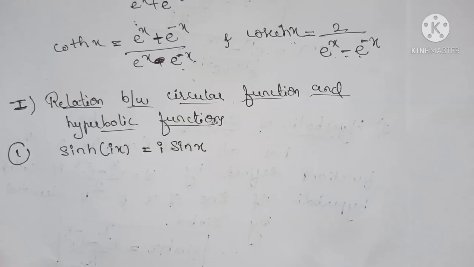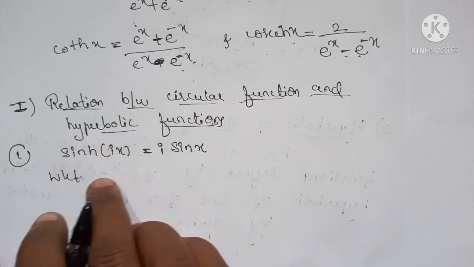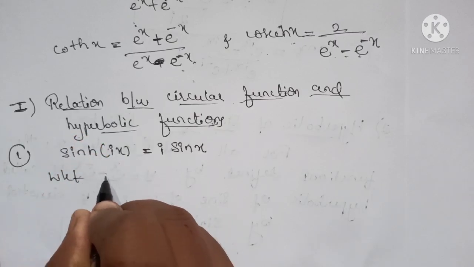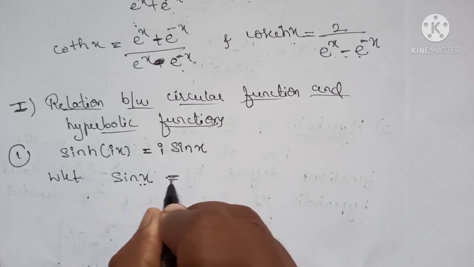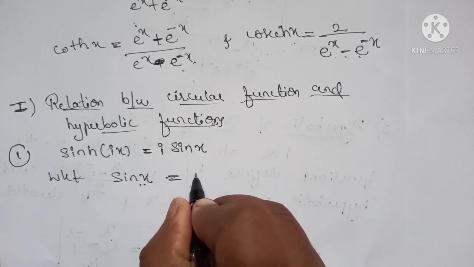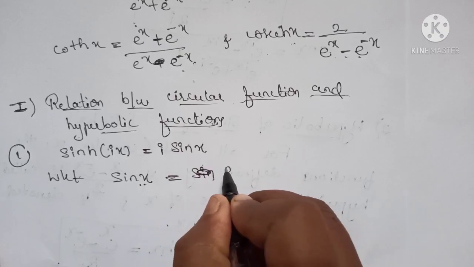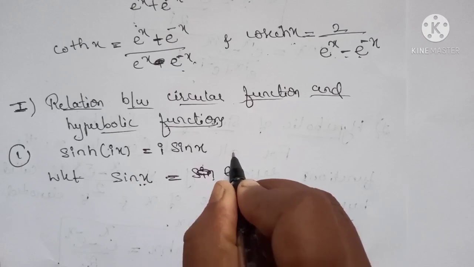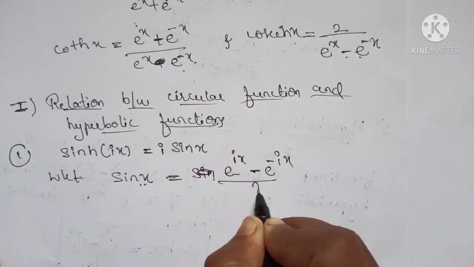We know that sin x, that is the circular function, is equal to (e raised to ix minus e raised to minus ix) divided by 2i.